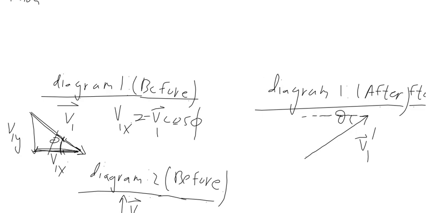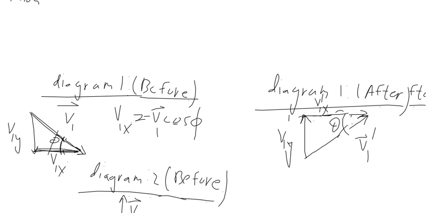We have to know what our x component is. So v1 prime x is located over here. v1 prime y is over here. Let me just make some room here. This is angle theta over here. Okay, so now we have the diagram 1 after.